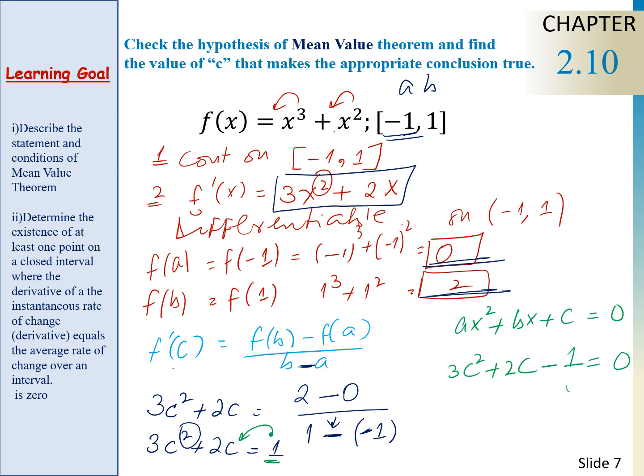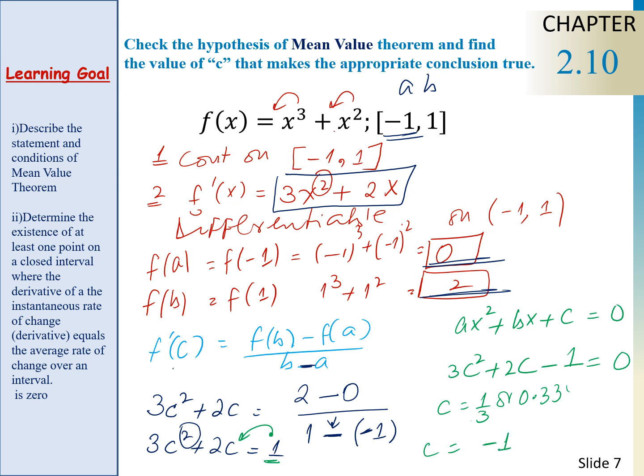Now go to the calculator and factor it, or you can do it manually if you want. In the calculator we will write 3, 2 and negative 1. So we will have the two answers: c equals 1 over 3, or 0.33, and the other is c equals negative 1.